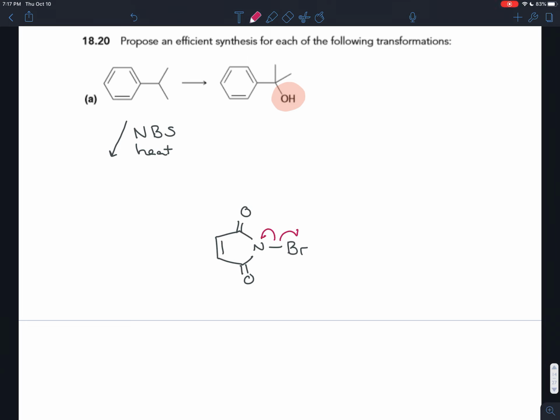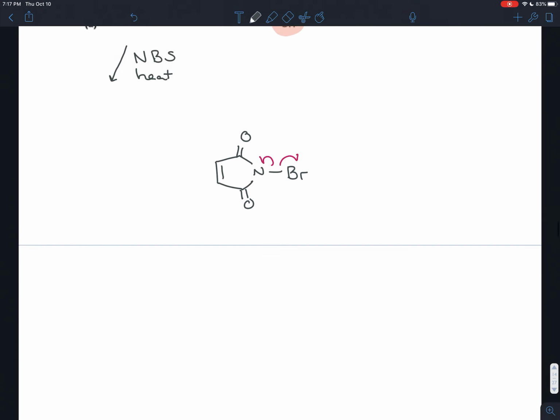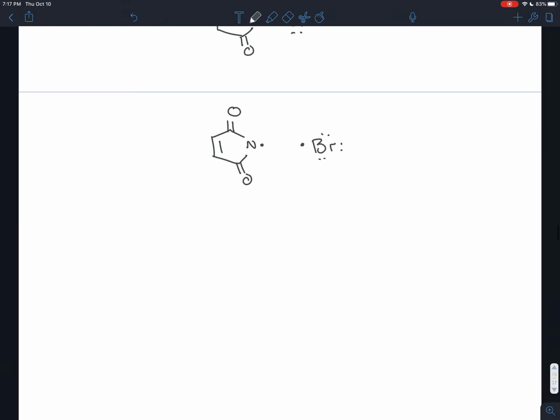One of them can go onto the bromine, the other can go onto the nitrogen. That's homolytic cleavage. You're cleaving that bond in the same way on both sides, one electron to each side, and after that homolytic cleavage, you end up with a radical on the nitrogen and a radical on the bromine. Now that bromine already had 3 lone pairs. So you end up with 2 radicals, 2 really reactive species.